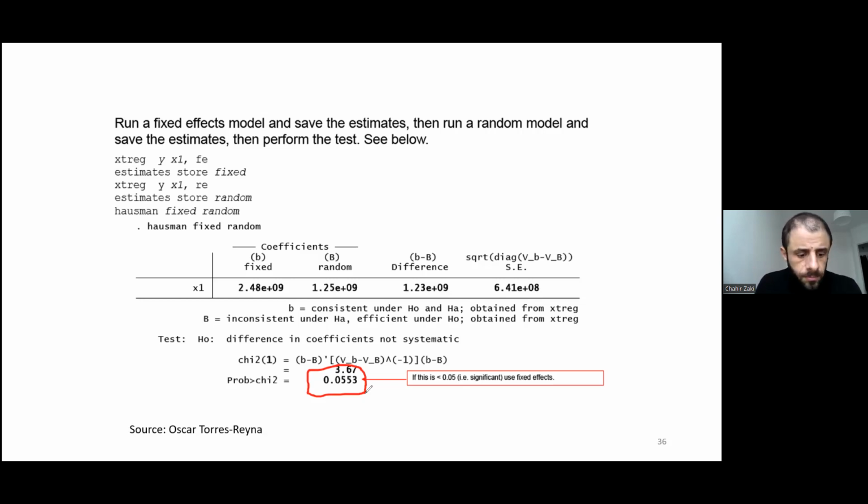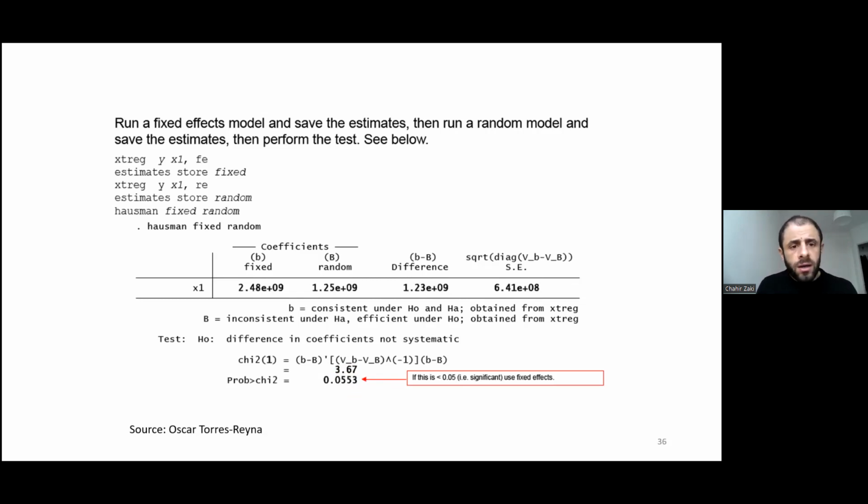Okay. And if we do not reject the H0, this means that we're going to use the random effects because they give us more efficient estimates. Okay. So that's how Stata looks when we use the fixed, the random, and the Hausman test.